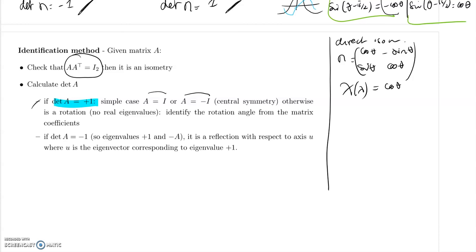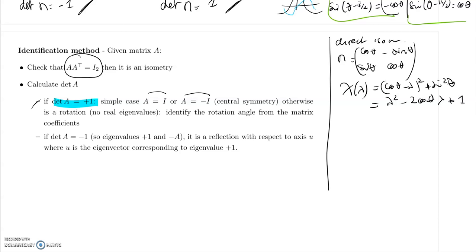It's cosine theta minus lambda, squared, plus sine square of theta. Okay, so we expand that. We're going to get lambda square minus 2 cosine theta times lambda plus cos square plus sine square, that makes a +1.